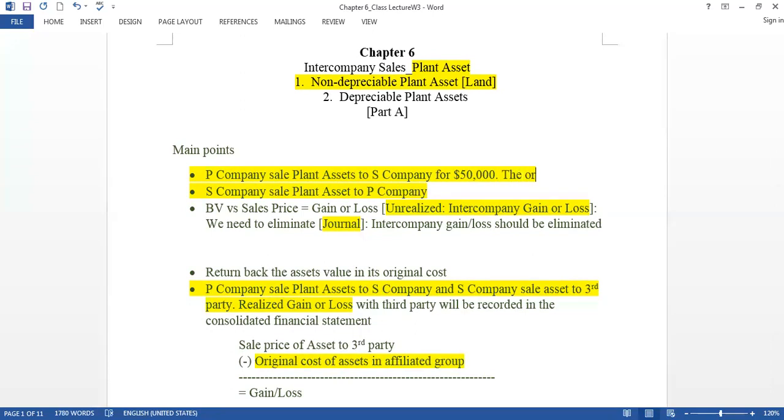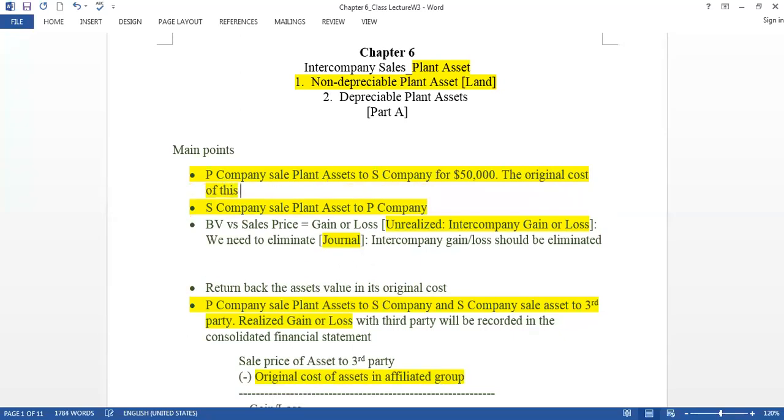The original cost of this asset was $30,000, for example. So the parent company sells the asset to the subsidiary for $50,000, and the original cost of this asset was $30,000.